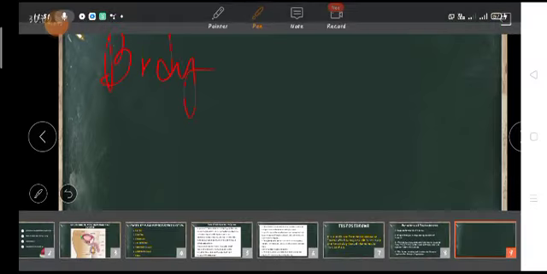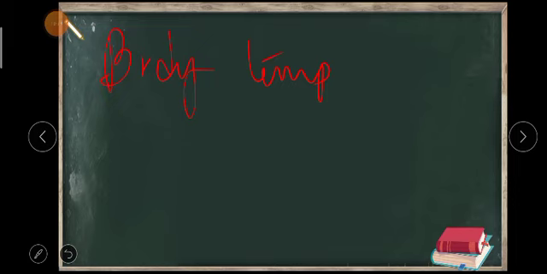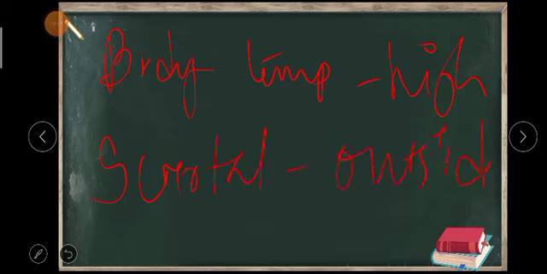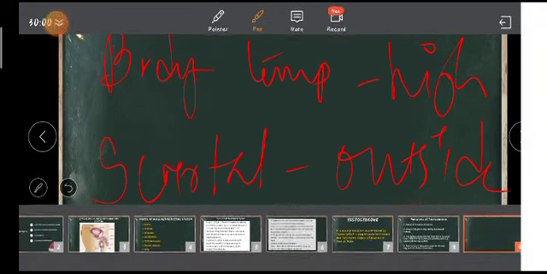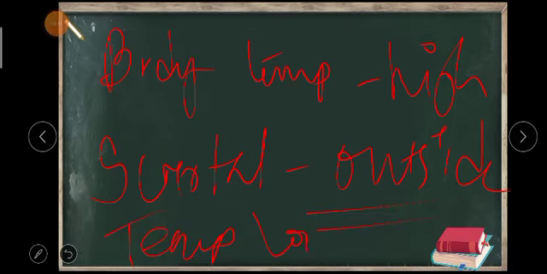Inside the body the temperature is quite high. But in case of the scrotum or scrotal sacs, since it is outside the body, not present inside completely, the temperature is low as compared to the other parts of the body.